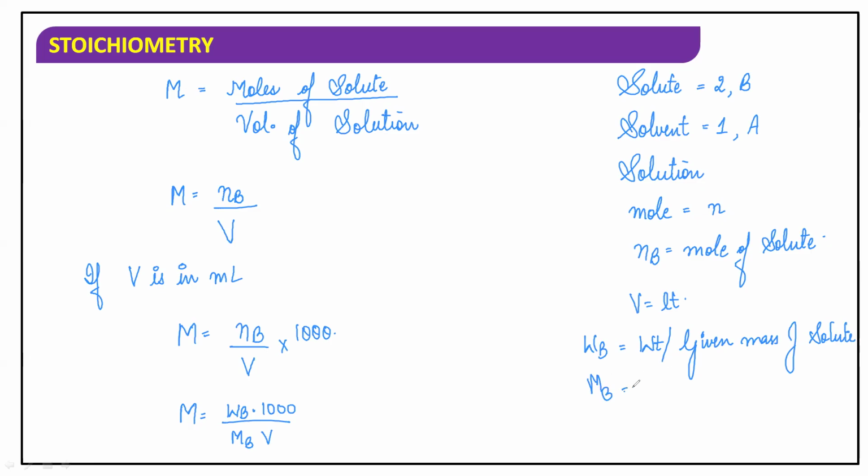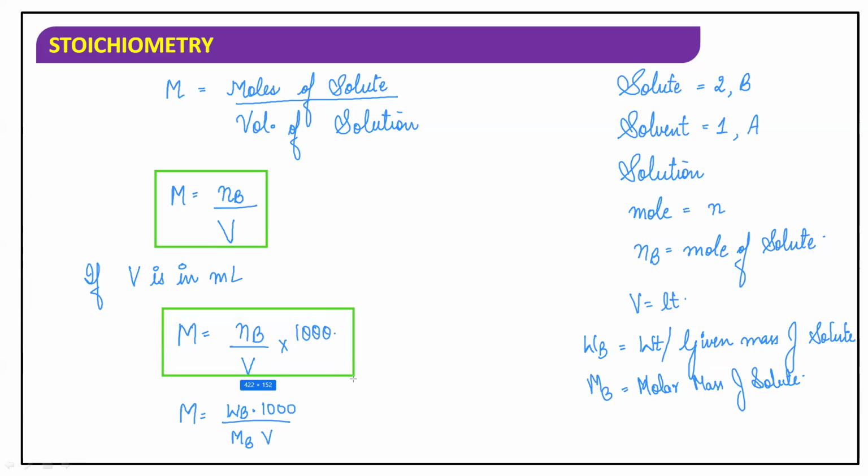That is the molar mass of solute. So now you have three formulas with you and you can use any one of them, depending on what is given in the numerical. So you don't have to get confused here. You just have to practice and you will come to know which formula to use when.